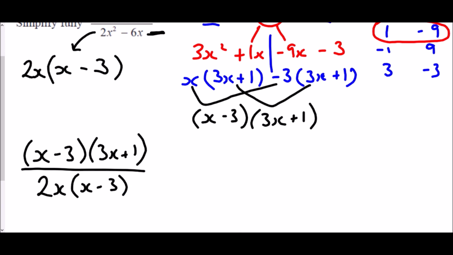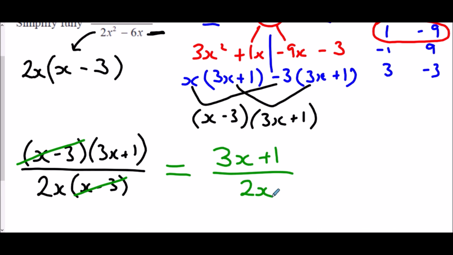And in this case, you will notice we have an x minus 3 on the top and the bottom. And therefore, they can both cancel out. And so the simplified version of this fraction would be 3x plus 1 on the top over 2x. And we have simplified that fraction.